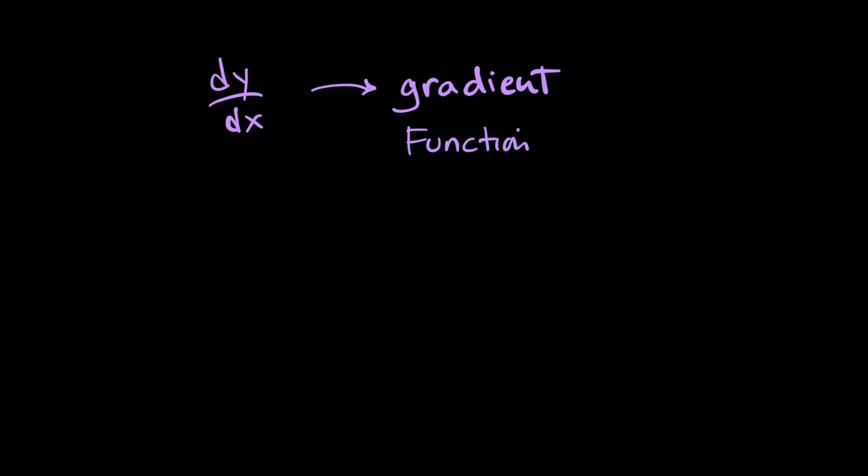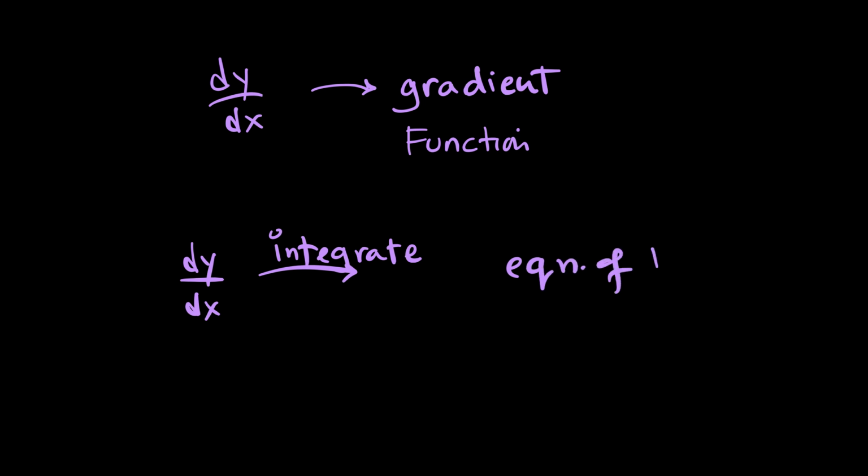We also know that dy by dx is known as the gradient function. And we know that if we integrate the gradient function, we get the equation of the curve. So let's start the concept of differential equation from this point.